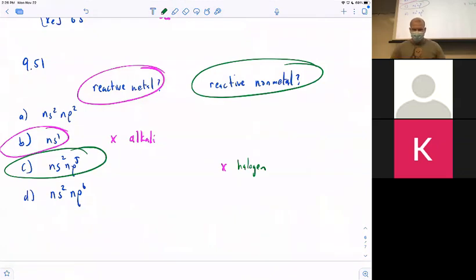Theoretically, could we have an infinite table of elements? No, because eventually the atom gets so big that it would turn into a black hole. Because you could argue that a neutron star is a nucleus.